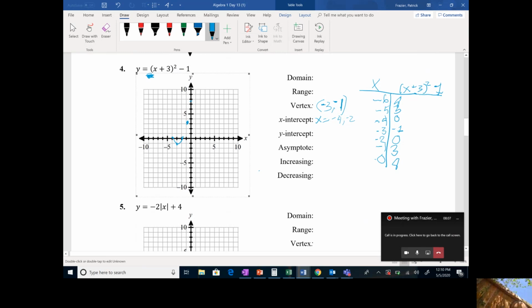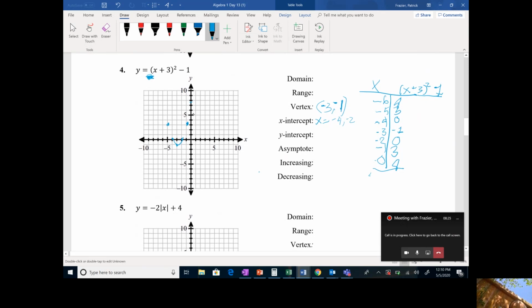One moment. Okay, so then the next one would be, and you can tell that that's going to be our y-intercept, because when x equals 0, y equals 8. So now we got 5 here, 6, 7, 8.